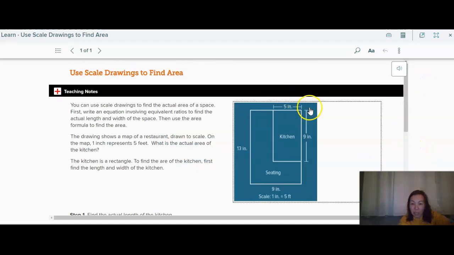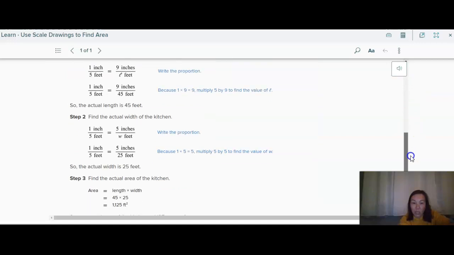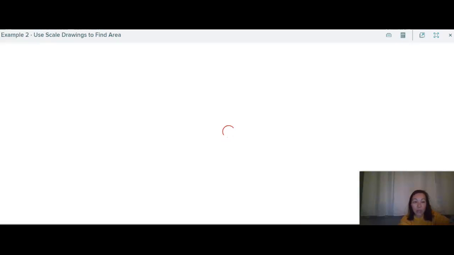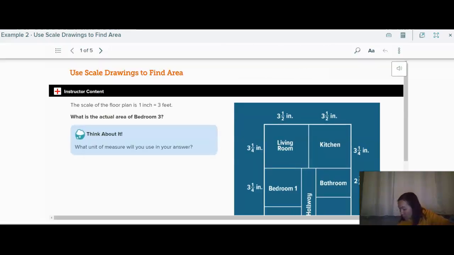So we just multiply each of these by 5, and we get 25 feet by 45 feet, which the area then would be 1,125 square feet, because area equals length times width.